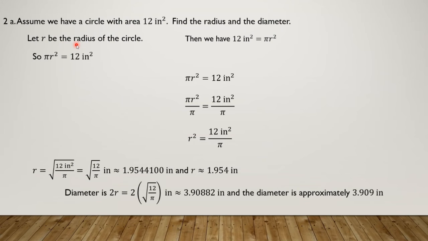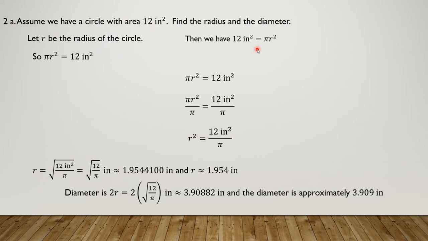Now we know the area is 12 square inches, right? And we remember the formula for the area of a circle. Namely, the area is pi times the radius squared.